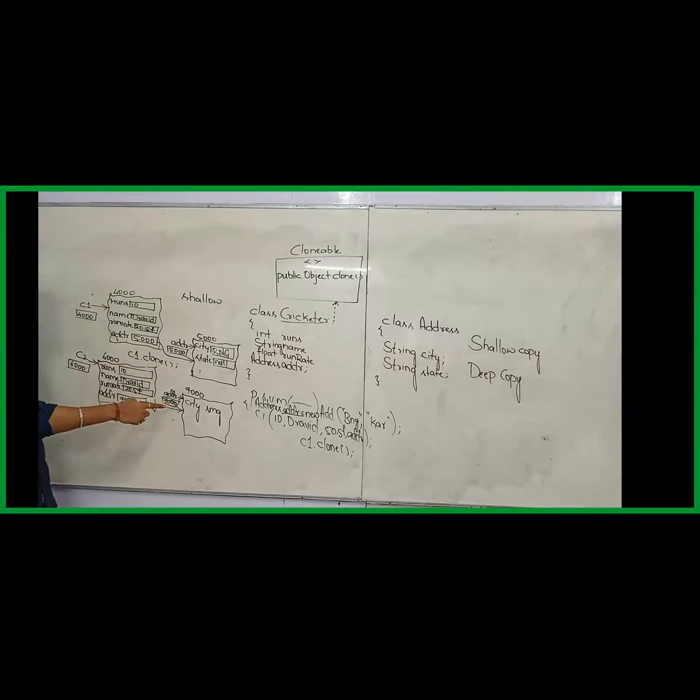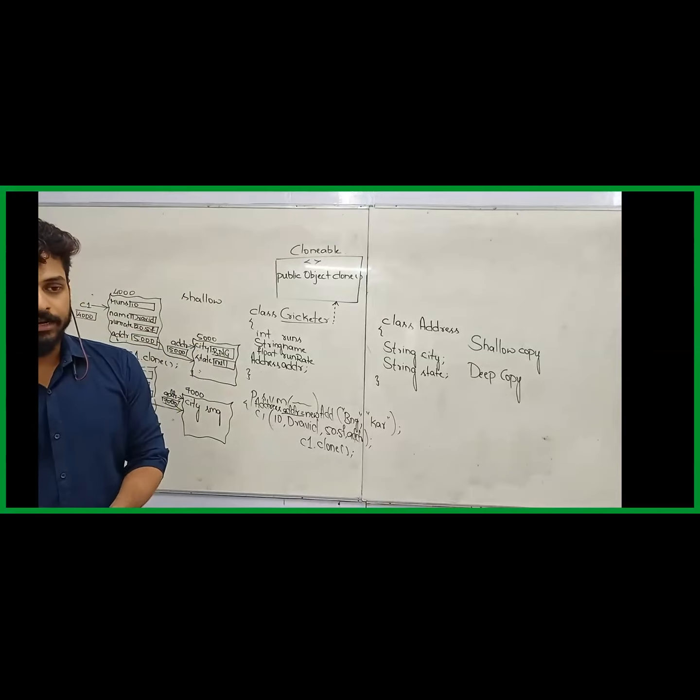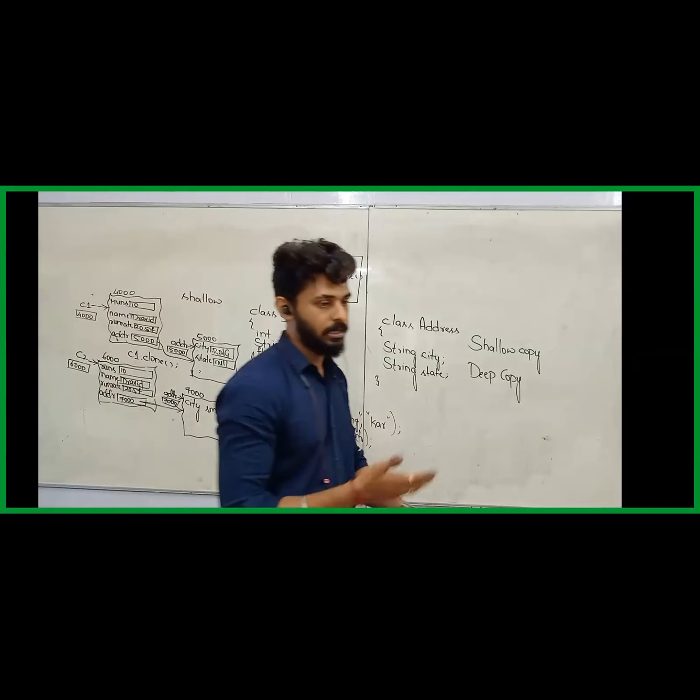What should get printed? SMG. And I will try to print C1 dot address dot city. Then what will it print? BNG. It will not print SMG. Getting my point? Why? Because this is a deep copy. Clear? Yes. So let us quickly try to see how to create it.